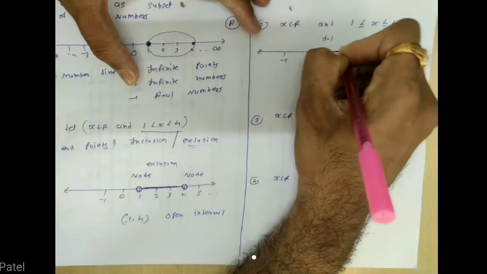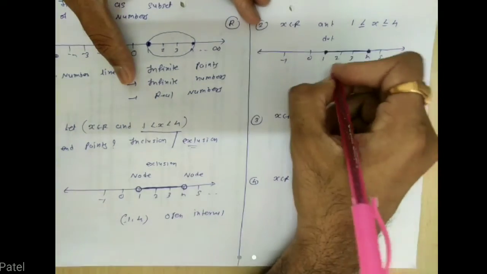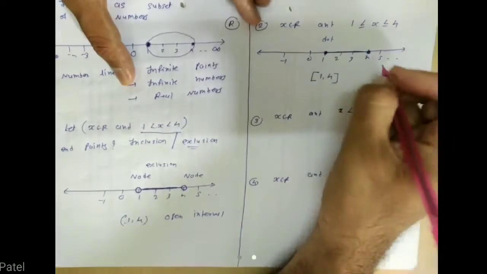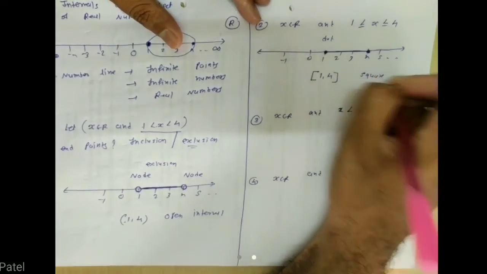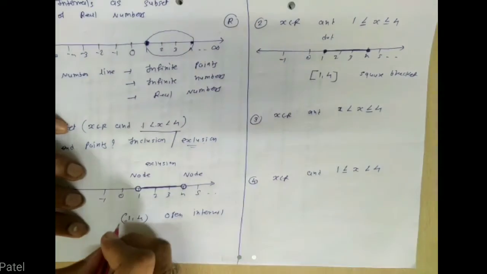So this interval is a part of the real numbers. So it can be represented by closed interval 1 to 4. Here we will use square brackets. Here we'll use round brackets.